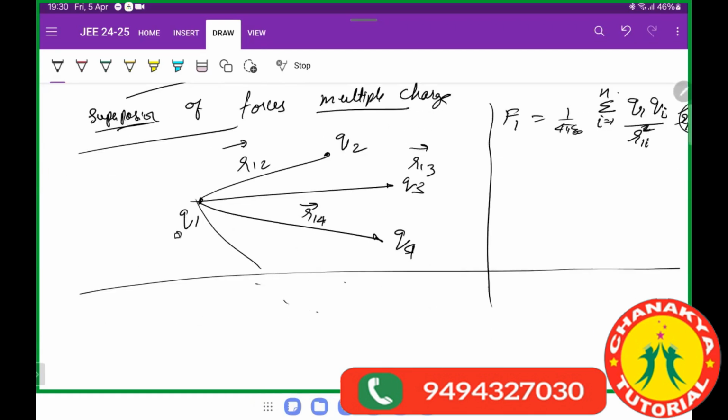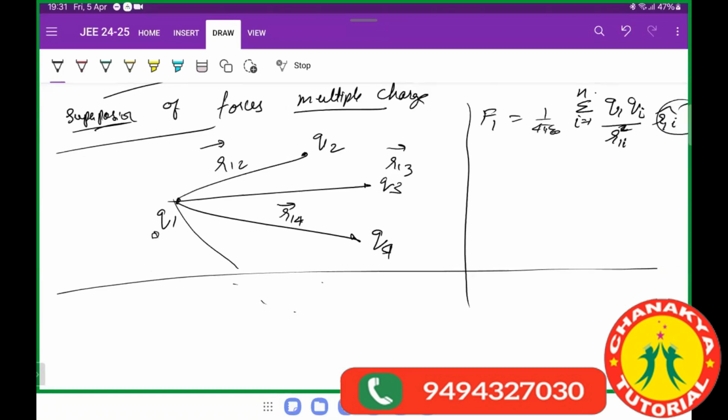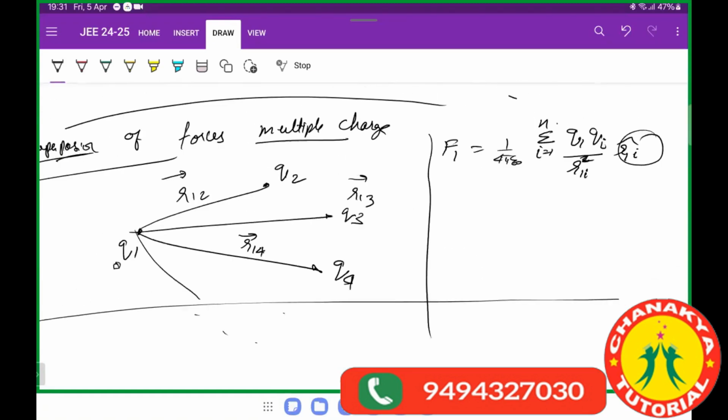Are you able to understand what I'm saying here? Sir, could you repeat that F1 point once again? Yeah. F1 is the force on Q1, because all the charges are related to Q1 here.